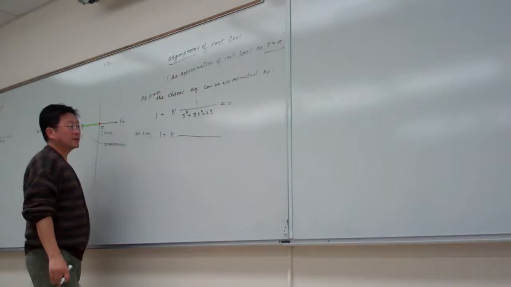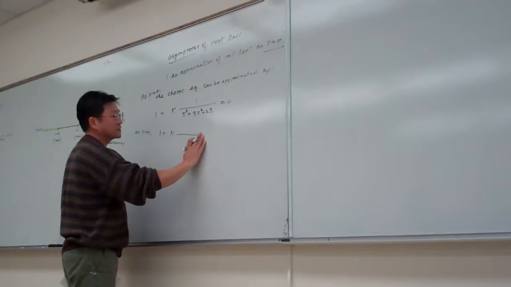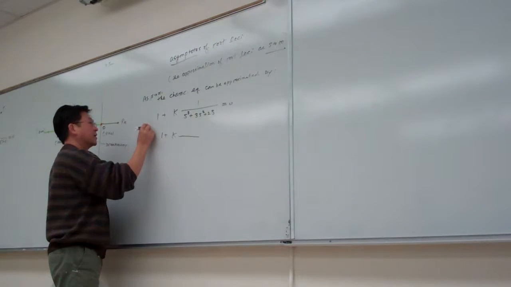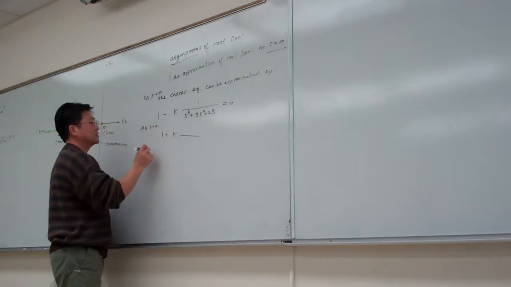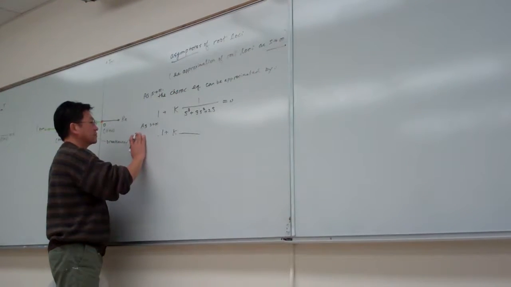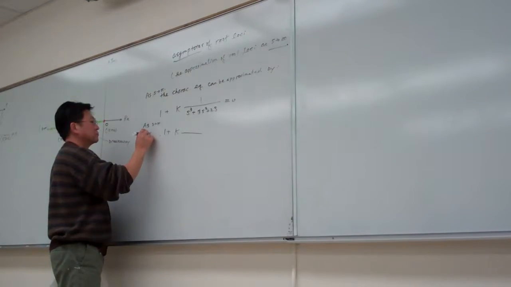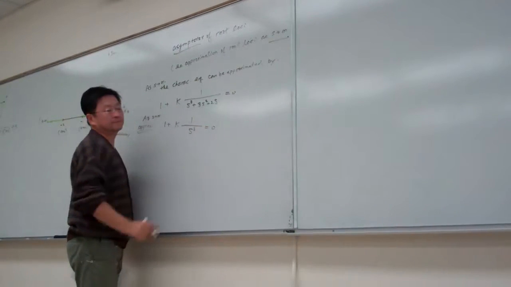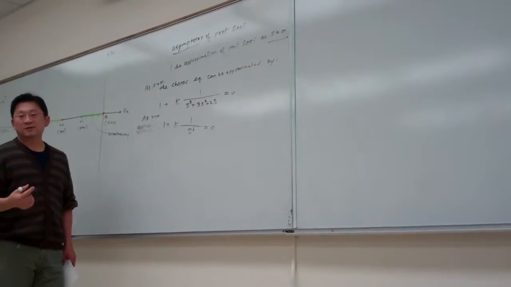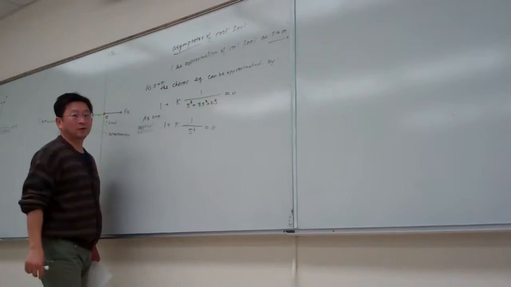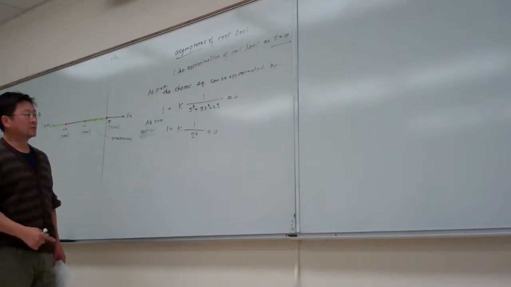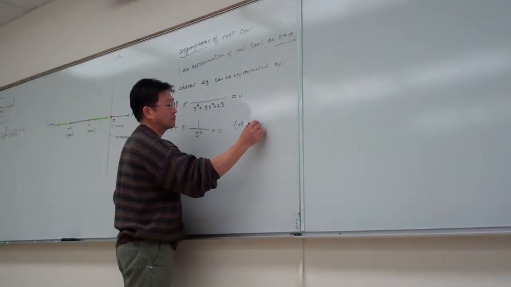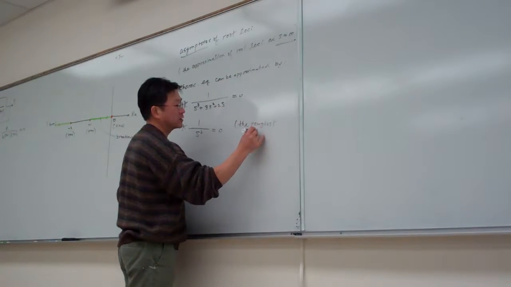And the roughest approximation as s approaches infinity can be like this: 1 s cubed equal to 0, right? Because for the larger value of s, we can ignore all the lower order terms. So this is the roughest approximation.